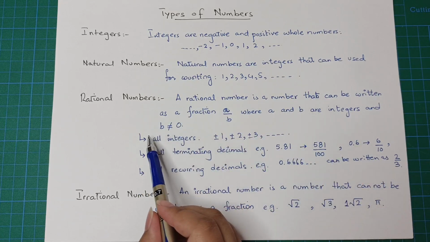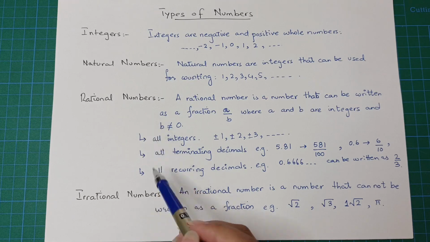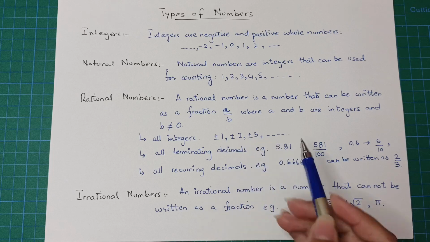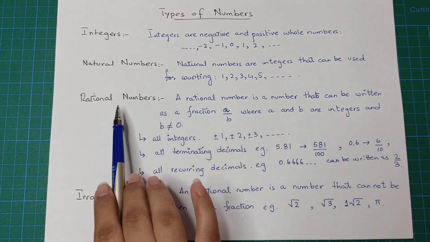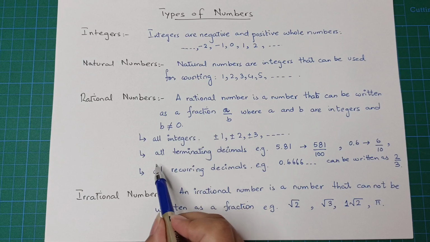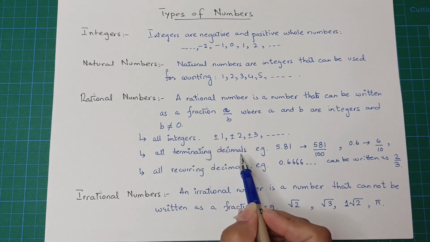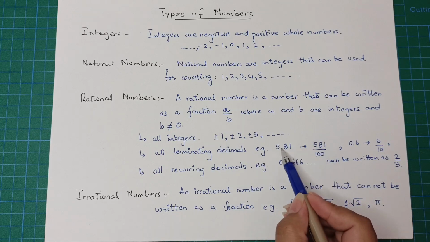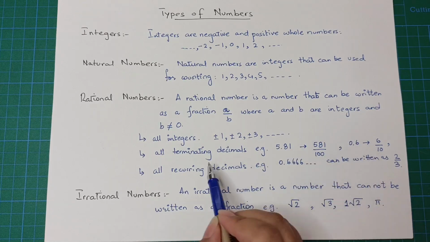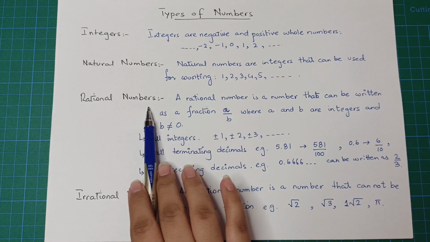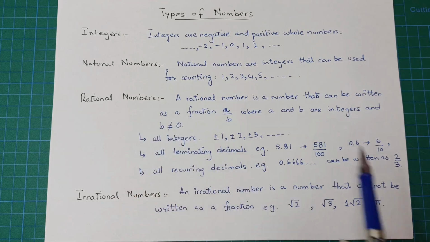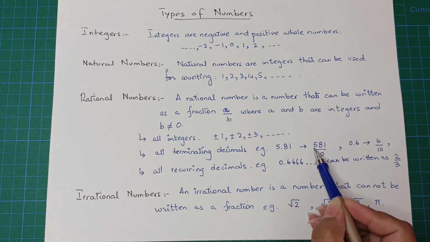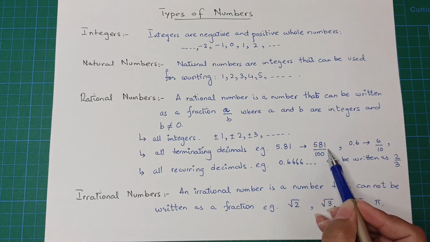Now, which kinds of numbers are included in rational numbers? All integers, like 1, 2, 3, 4, can be called rational numbers, right? Now, all terminating decimals, which means all decimals which terminate at some point, are also types of rational numbers. Let's suppose we have a number like 5.81, which can also be written as 581 upon 100.